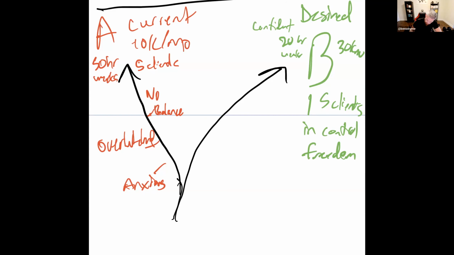So here's the thing. To go from reality A to reality B, it's going to take a lot. It's going to take commitment. It's going to take pain. It's not easy going from that to this. It's going to be painful at first.